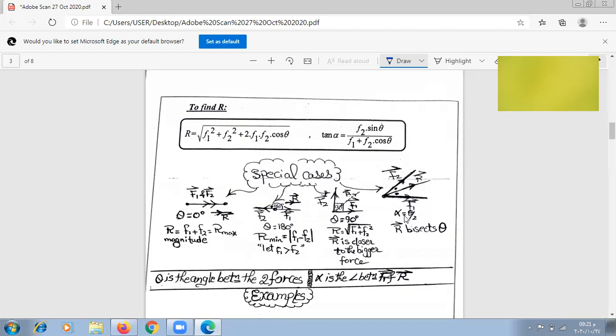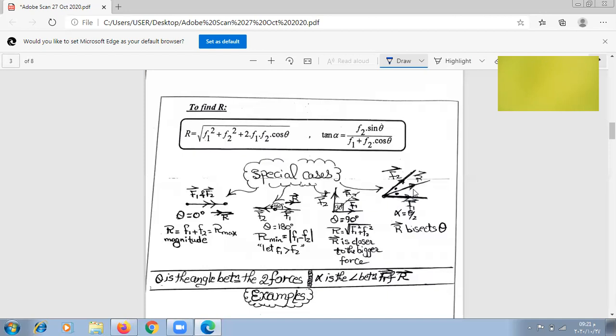The final case, he can ask us in the exam as a complete question: if the two forces are equal in magnitude, what will happen? We discussed this in class. The resultant will bisect the angle between them because they are equal in magnitude.